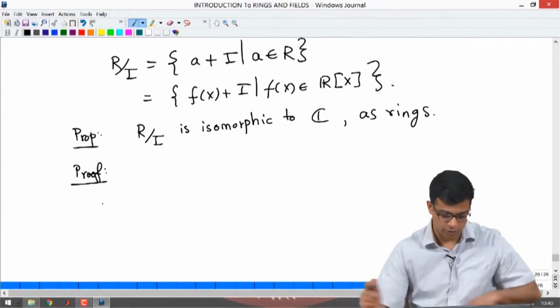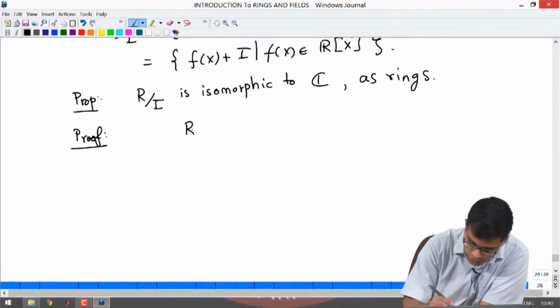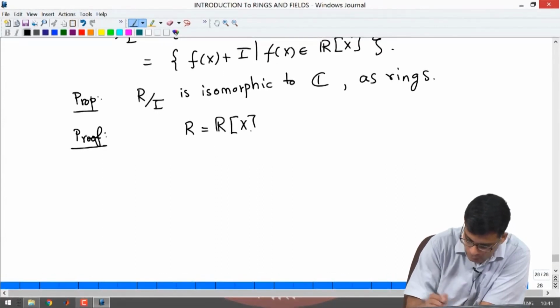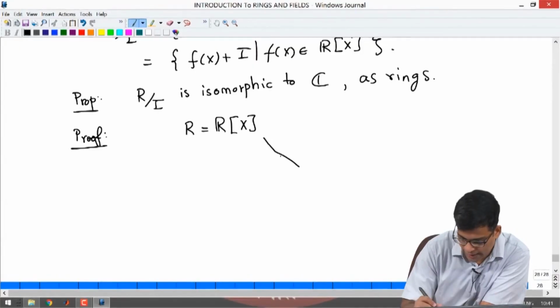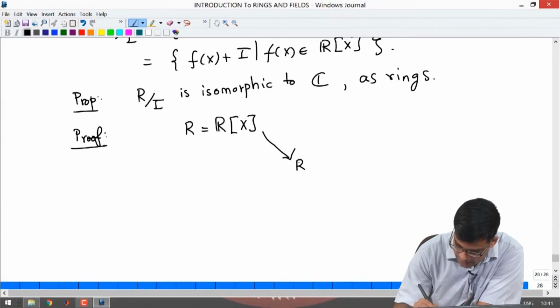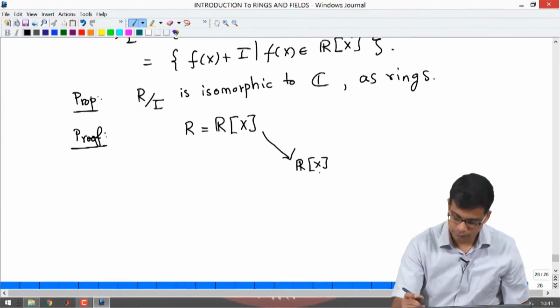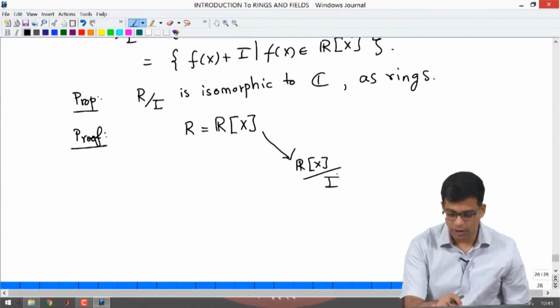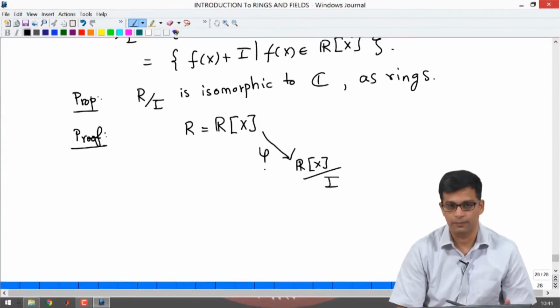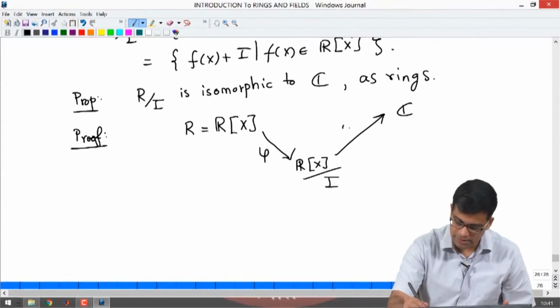What I will do is the following. So, this is the picture. We have R[x], so this is useful to keep in mind. The standard or natural map we have from R[x] to R[x] mod I. There is always a natural map that I defined by phi. Now I want to define a map to C, let us say I call that psi.